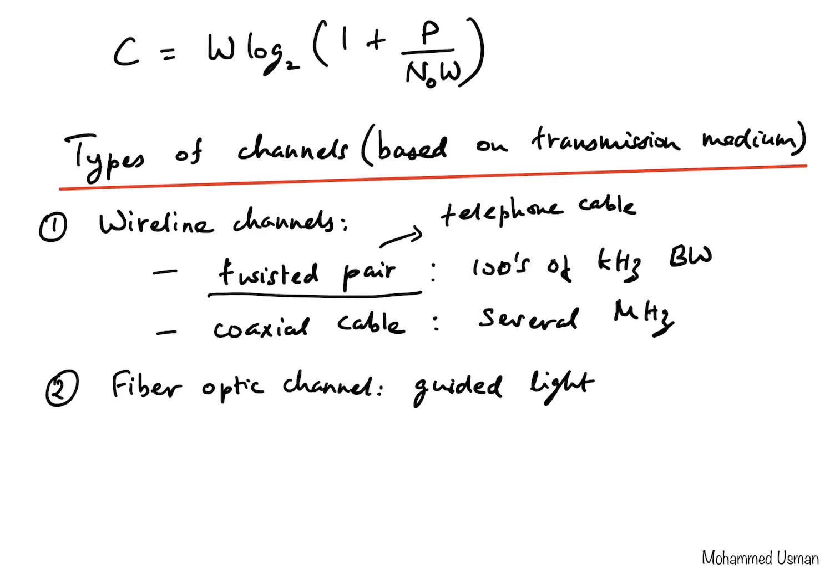On the transmitter side, it can be an LED or a laser. And on the receiver side, typically we have a photodiode or even a phototransistor.